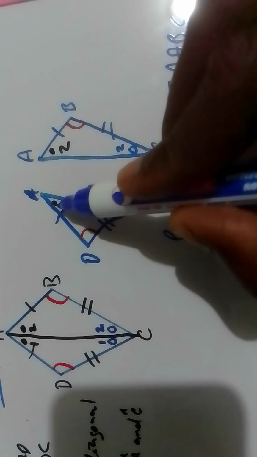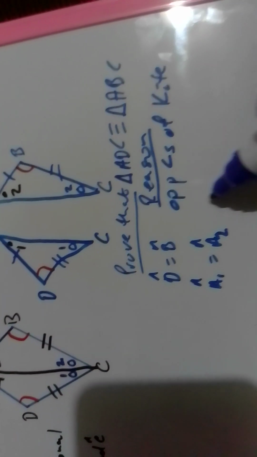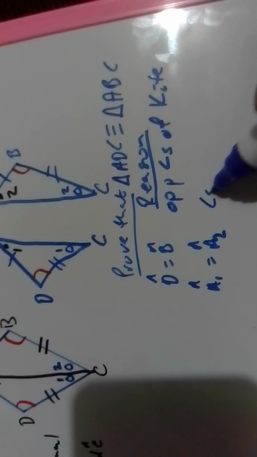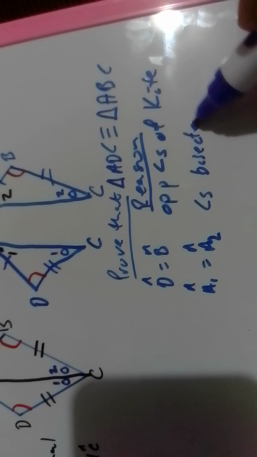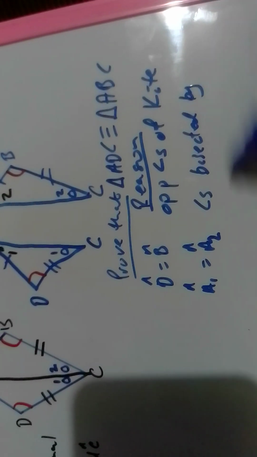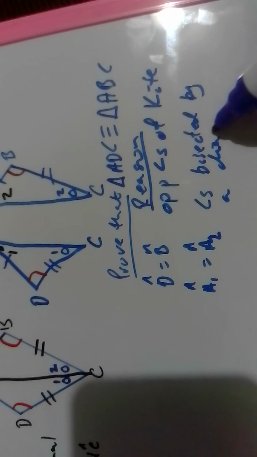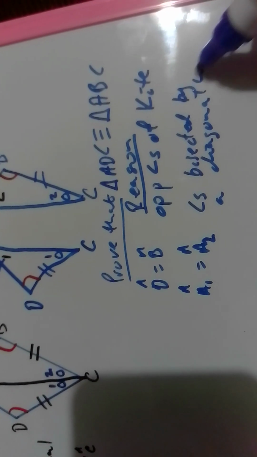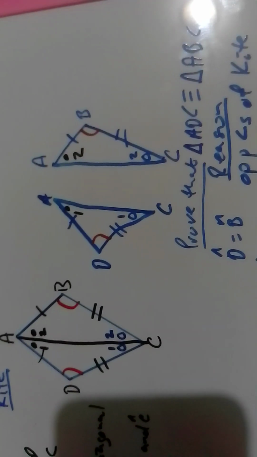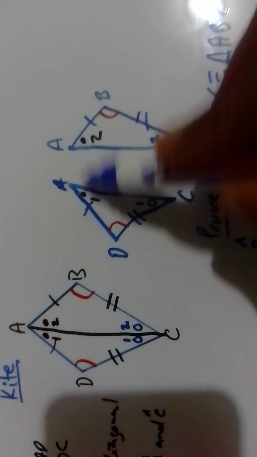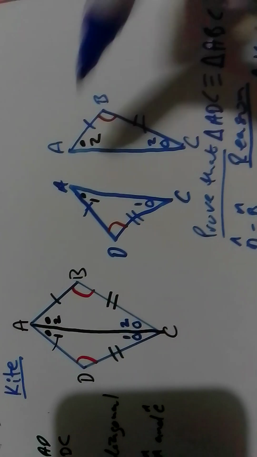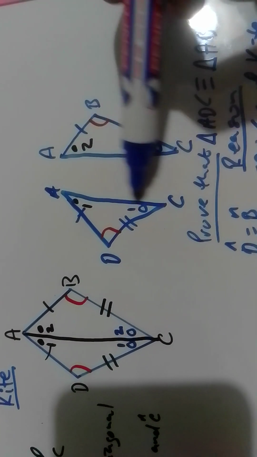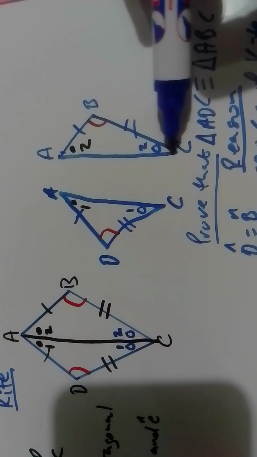I can say that it is given because it has been marked, or I can say angles bisected by a diagonal line. Angles which have been bisected by a diagonal line, they are equal. Then my third reason, here observe I've got line AC, there I've got line AC.